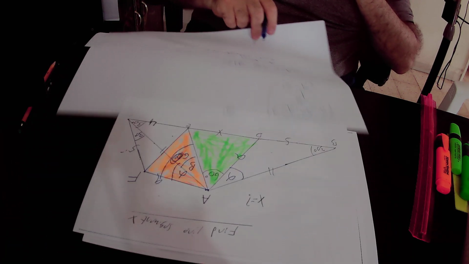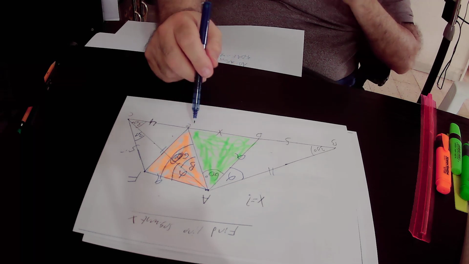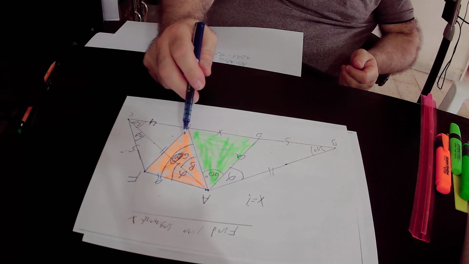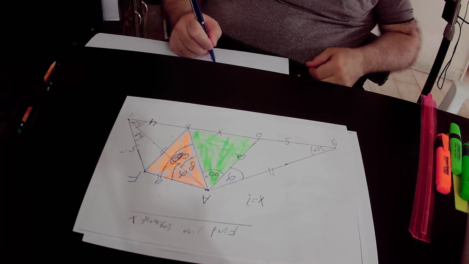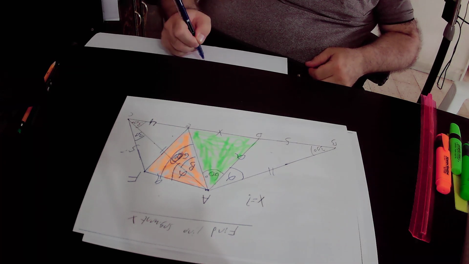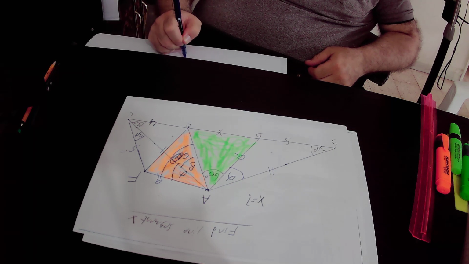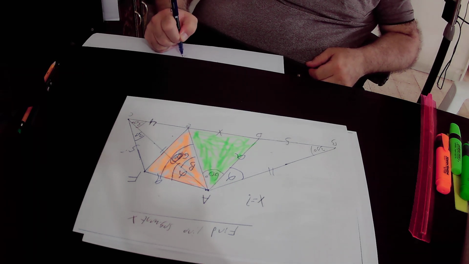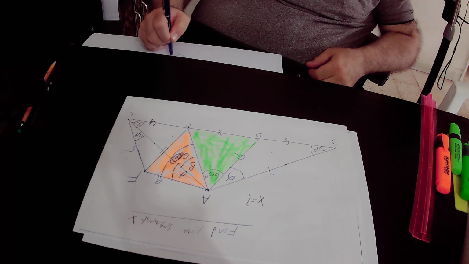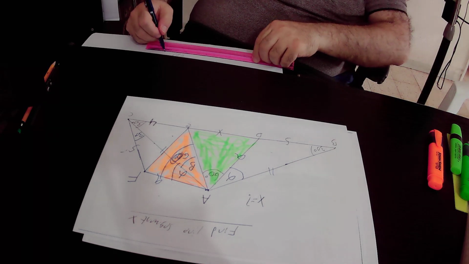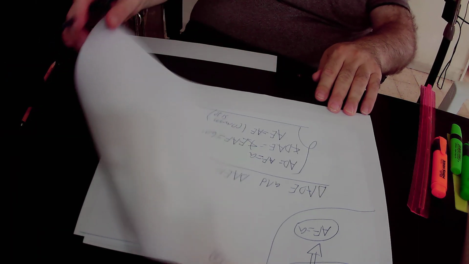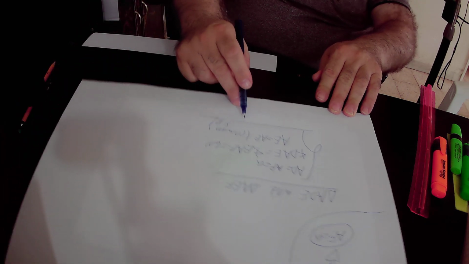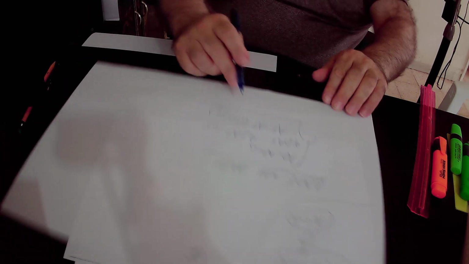And finally, we have side AE, that is a common side, it belongs to both triangles, so side AE equals itself. Okay, side AE equals side AE. It's a common side that belongs to both triangles.